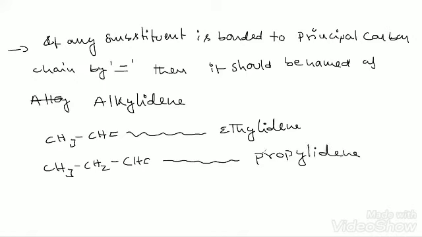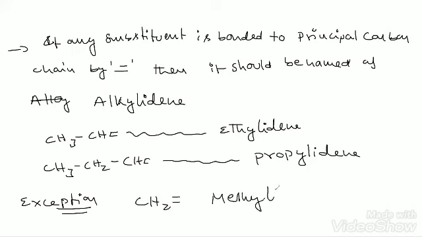Propylidene, like that. But the exception is whenever we have CH2 double bond, this cannot be called methylidene. Methylidene is the wrong one, and this is called methylene only.